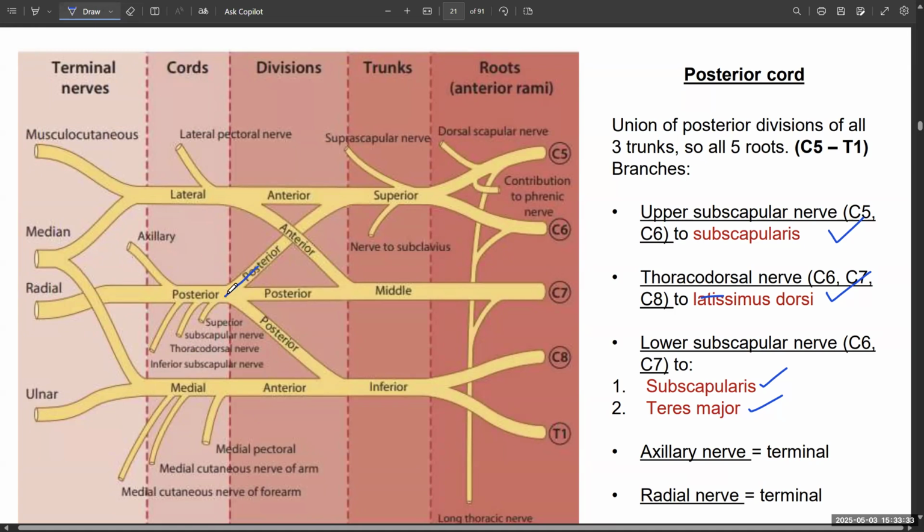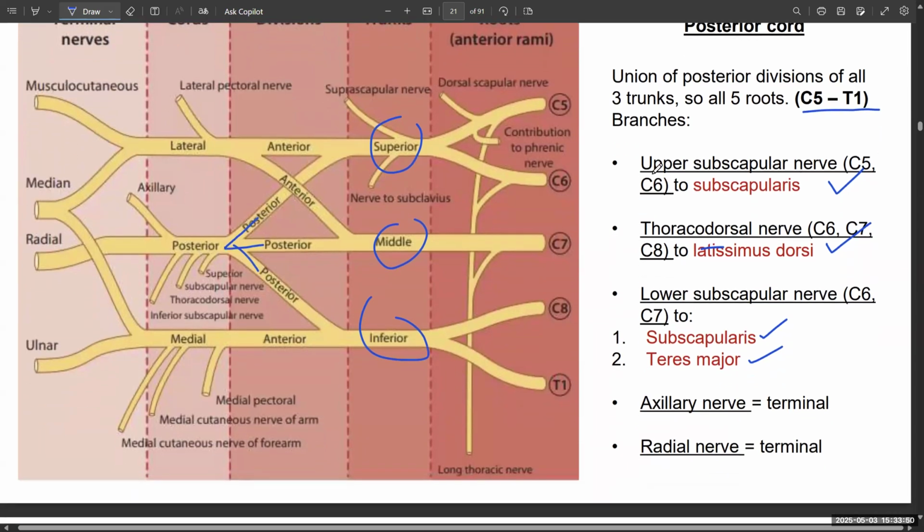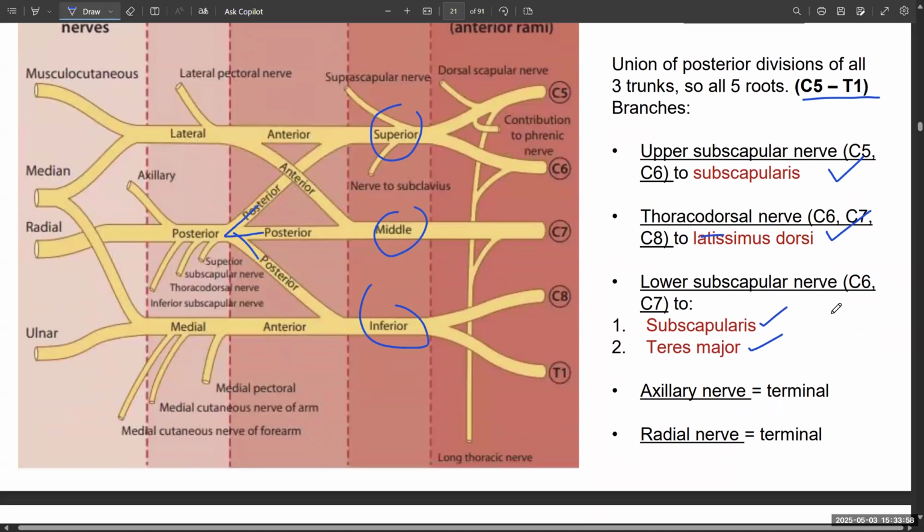It is getting divisions from the superior trunk, the middle trunk, and the inferior trunk, and these 3 are coming from 5 roots, so we have C5 to T1. Thus all these nerves have a gradient: C5 to C6 for the upper subscapular, C6, C7, C8 for the thoracodorsal, and C6 to C7 for the lower subscapular.